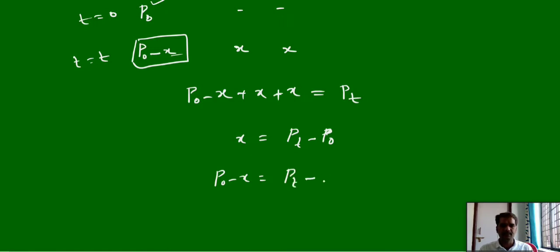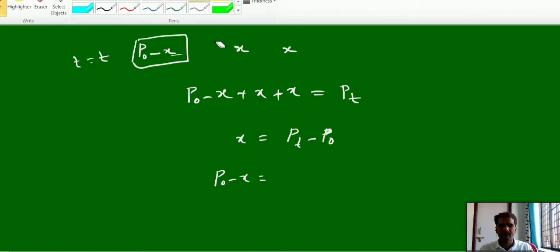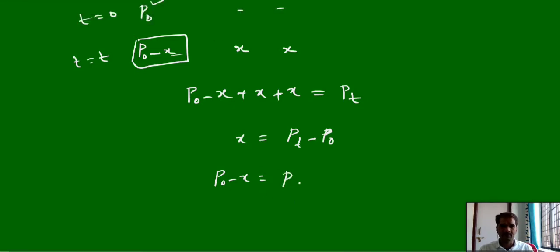Sorry, I think I wrote this wrong. So P naught minus, what is the X value? X is Pt minus P naught, and that gives P naught minus X equals 2 P naught minus Pt. This is the P naught minus X value.